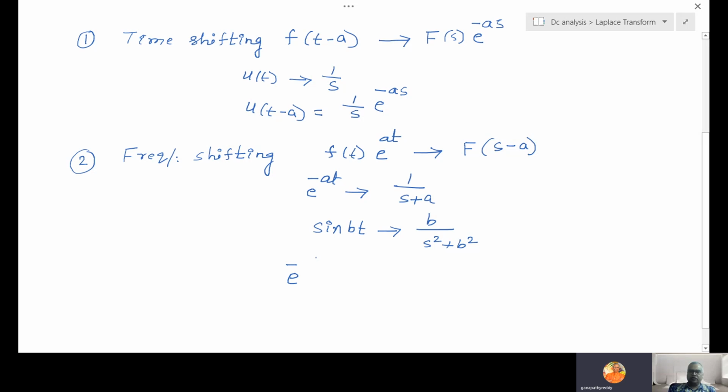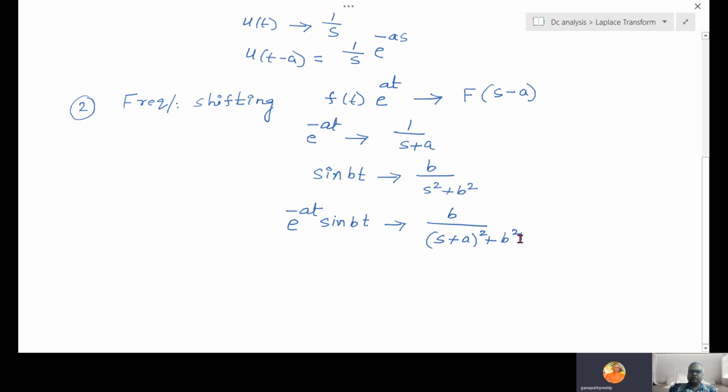Then e power minus at sin bt transform: first you have to write F of s minus a. So that means b by (s plus a) whole square plus b square. So this function is multiplied with an exponential. In this transform, wherever s is there, it is replaced with s plus a. If this is e power plus at, then s minus a. So that's the advantage of the frequency shifting property.